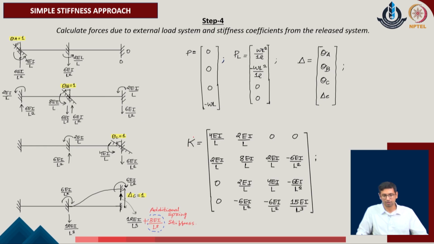So, we have shown here with the symbol K in the given problem, which typically means that the stiffness of the given system with respect to all those components has been identified. 4 EI upon L with respect to the component over here, which is with respect to the given theta A equal to 1 unit. Similarly, 2 EI upon L, which corresponds to the second degree of freedom direction. Then corresponding to the third degree of freedom direction, the forces are 0, and same with the fourth. So, these are the components with respect to theta A equal to 1 unit.